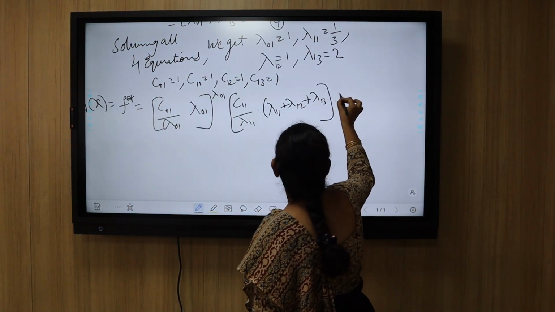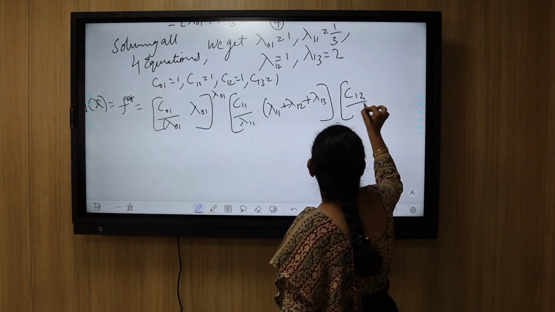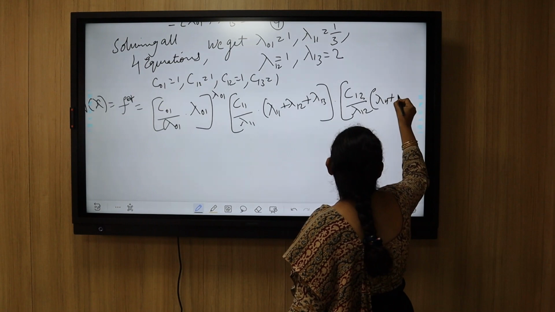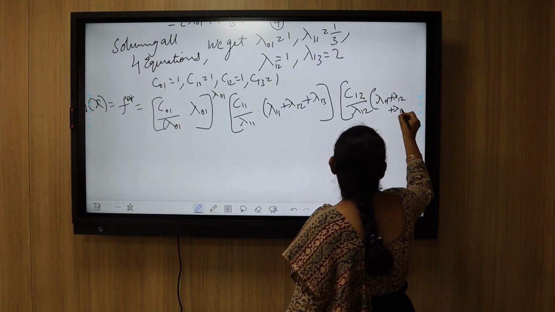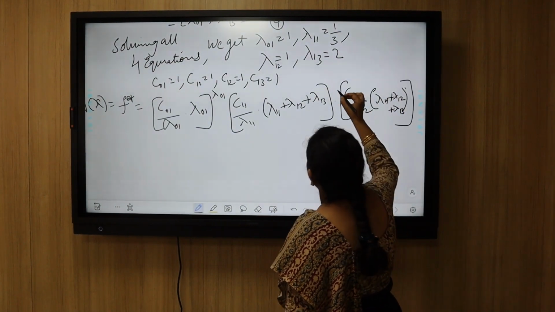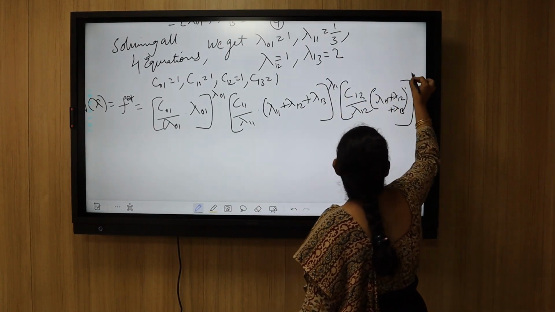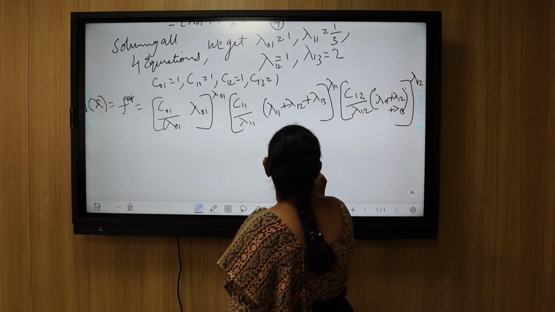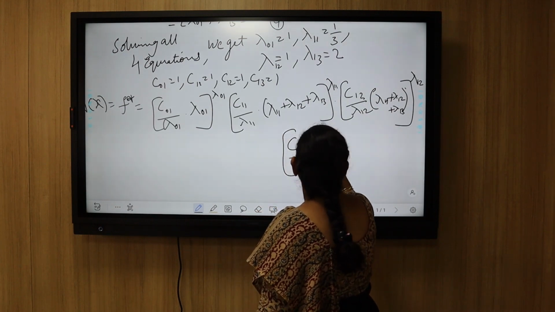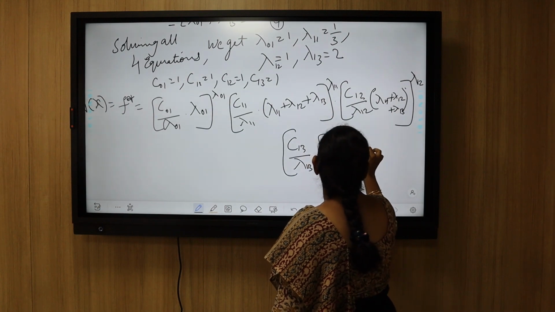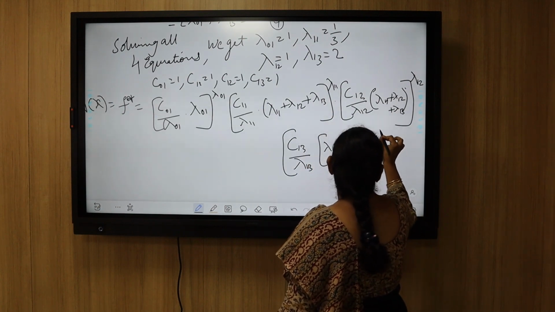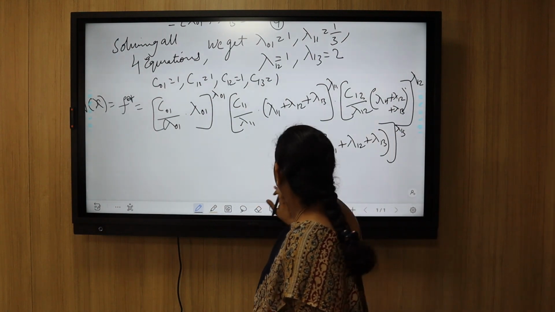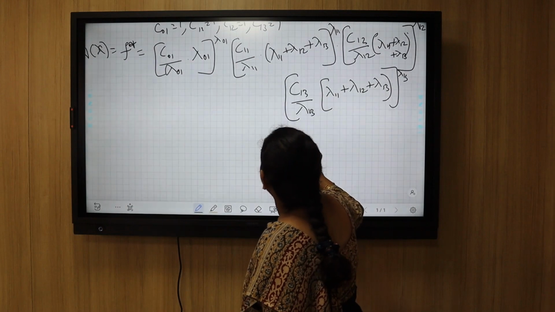In the same way you will get for C12 by lambda 12 into lambda 11 plus lambda 12 plus lambda 13 whole to the power of lambda 12, into C13 by lambda 13 into lambda 11 plus lambda 12 plus lambda 13 whole to the power of lambda 13. This is the formula for the constraint optimization problem. So now we will solve this.